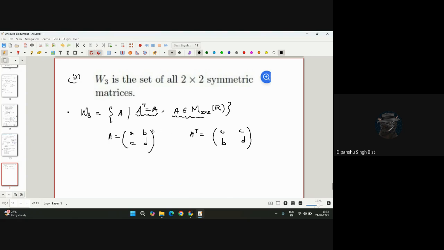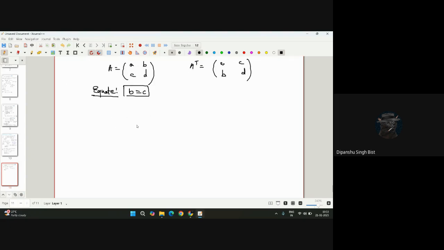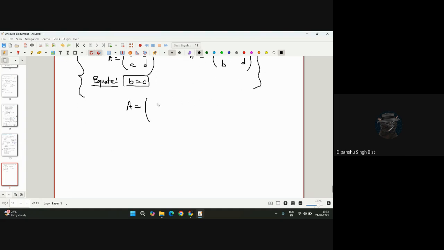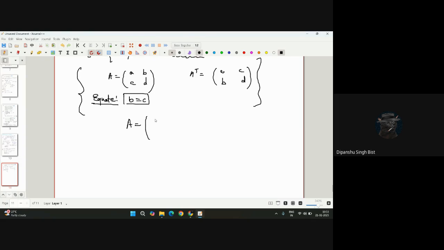Then you equate both matrices. You get A equal to A, D equal to D, which need not be written, but you get B equal to C, C equal to B. So basically B equal to C. So I can write my A as A, B, then B, D.